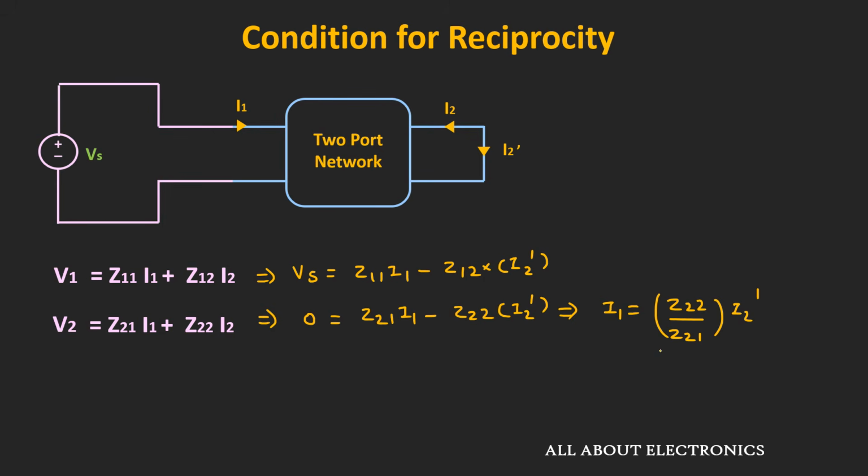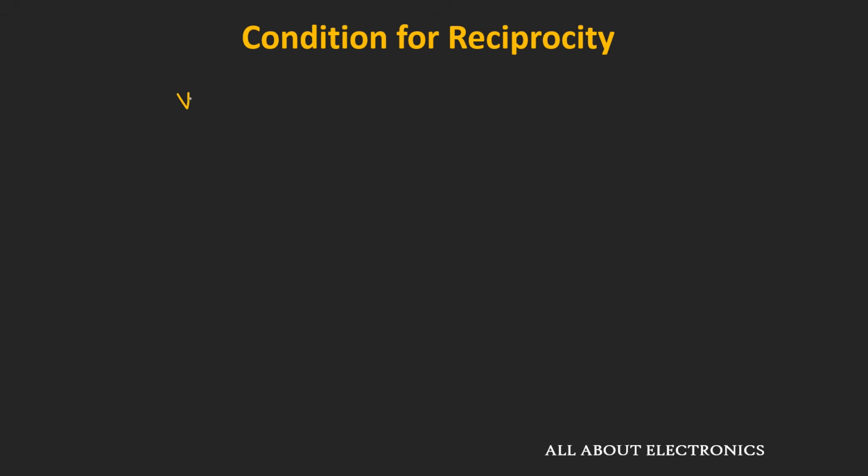If you put the value of I1 in the first expression, then voltage Vs is equal to Z11 times Z22 divided by Z21 times I2 dash minus Z12 times I2 dash.